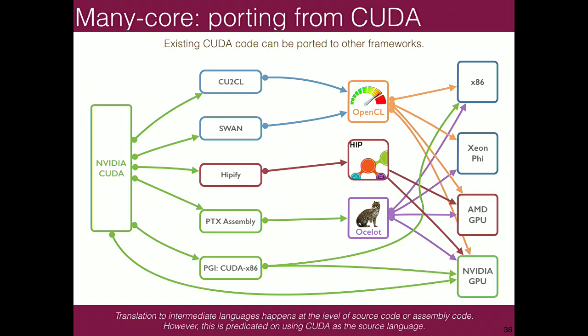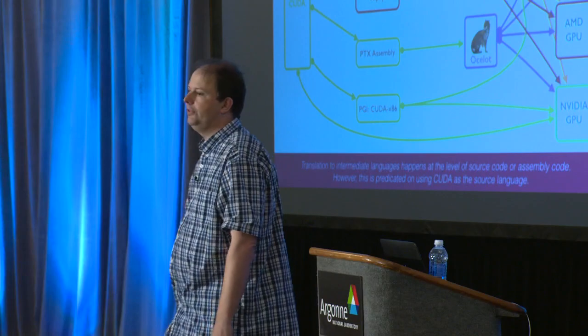So we've got the standard programming models, but we can achieve some level of portability through some middleware. If you really like CUDA as a programming model, if you're willing to put up with the idiosyncrasies of the kernel language, of the launch specification, and so on, then you can use these intermediate tools to translate to other programming models.